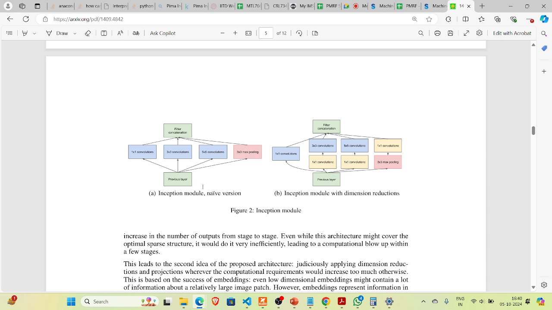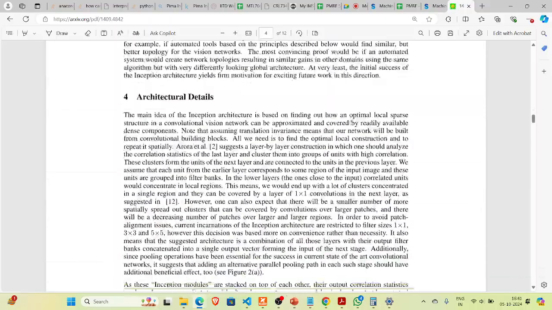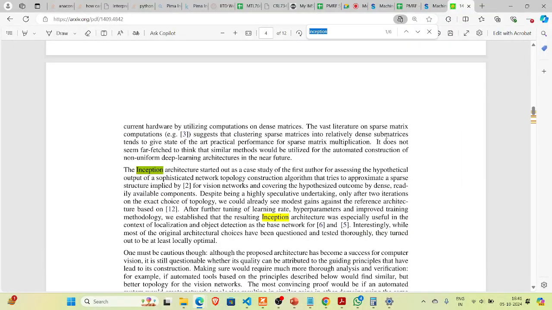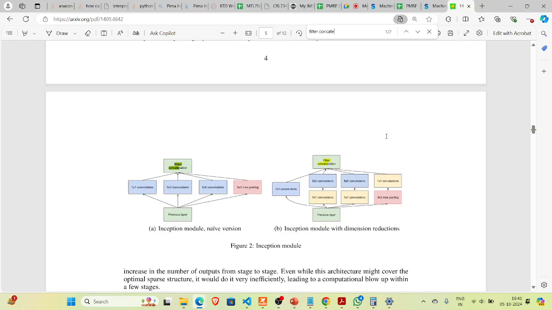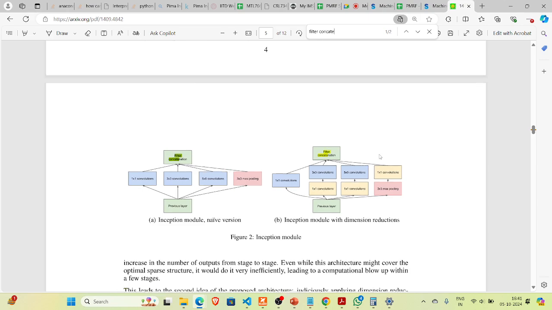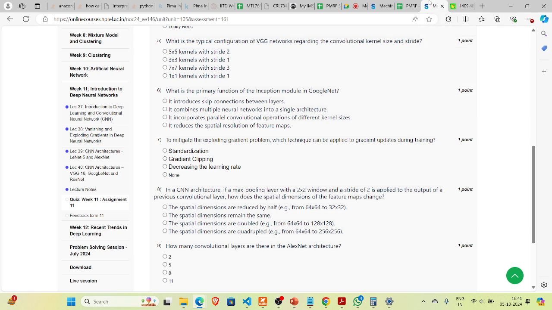And next, in this problem we have this previous layer and this 1 cross 1 convolution leading to filter concatenation. So we have to see what filter concatenation is here. There hasn't been anything written. I think there's something, but I have not much idea about it, but the question can be solved with this diagram only.